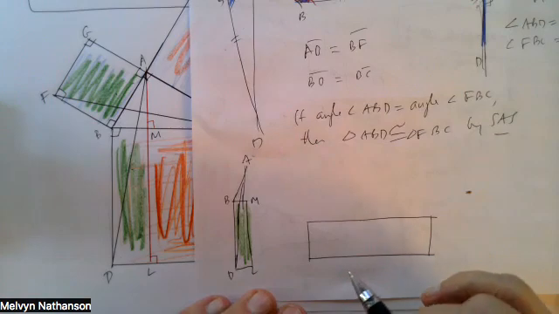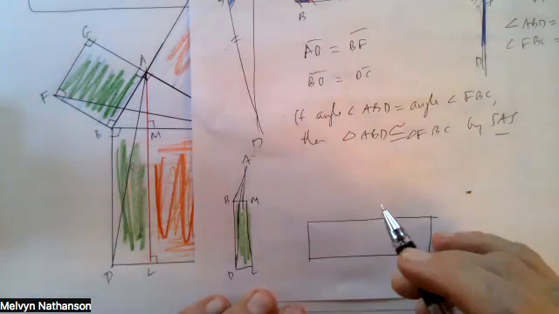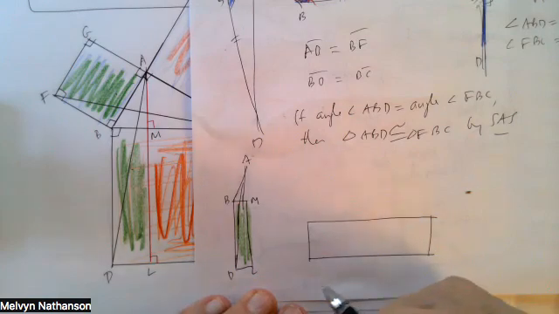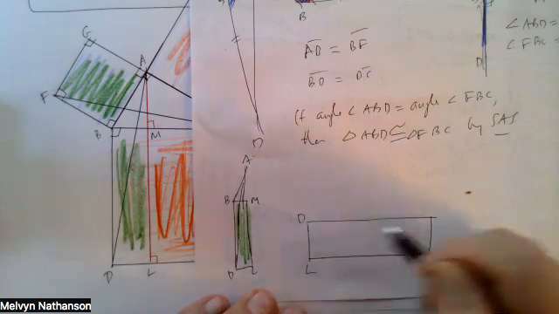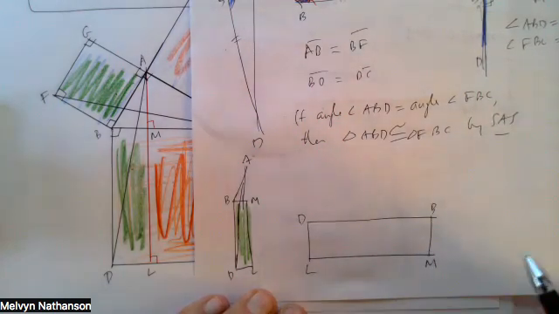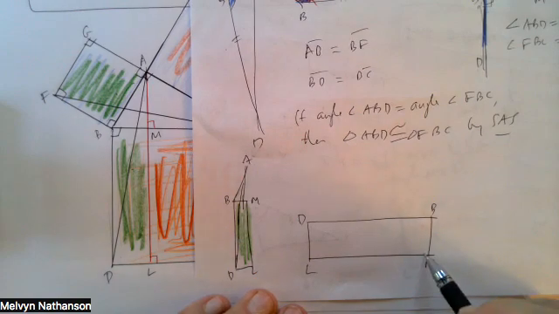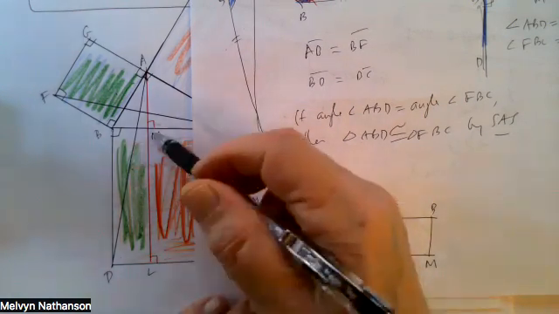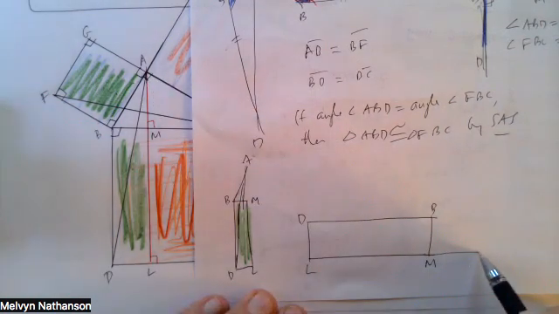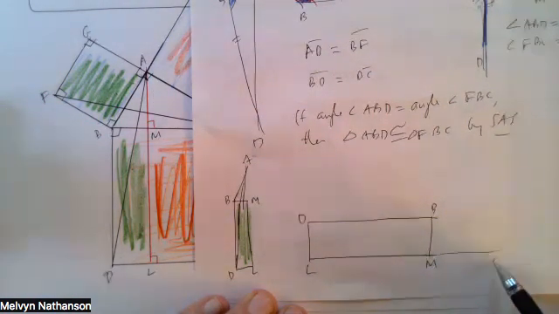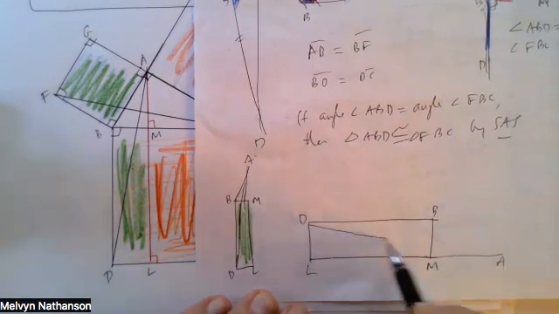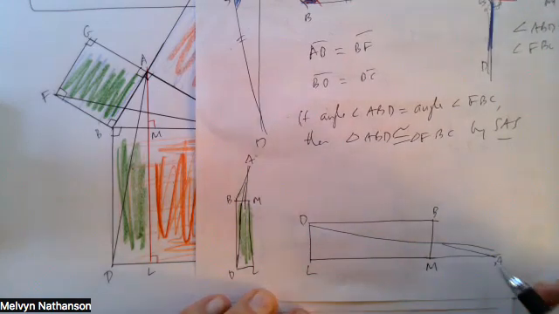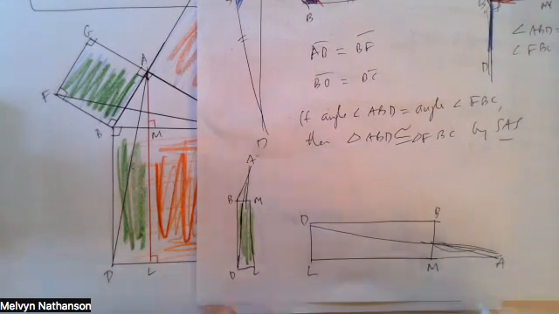I have this rectangle, and I'm just turning this diagram around. This is LM. The top is DB. And this line LM extends to A. And I have my triangle, which goes from D to A. Right?